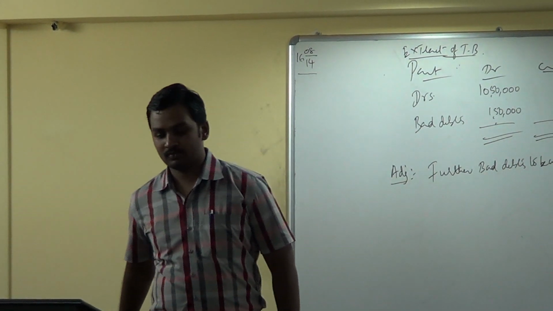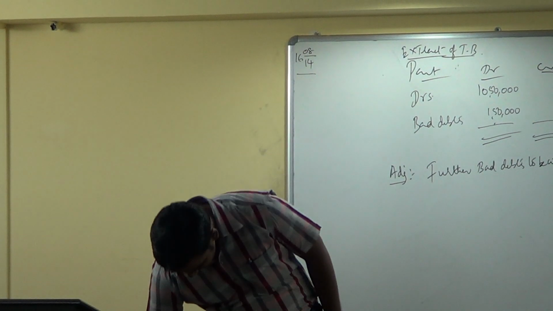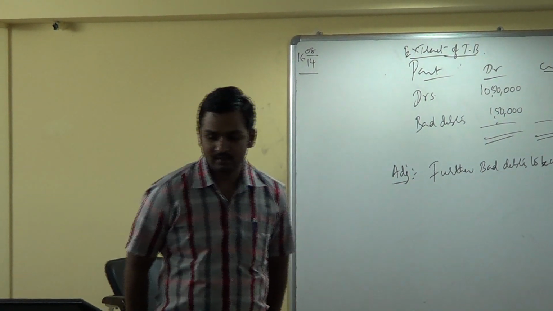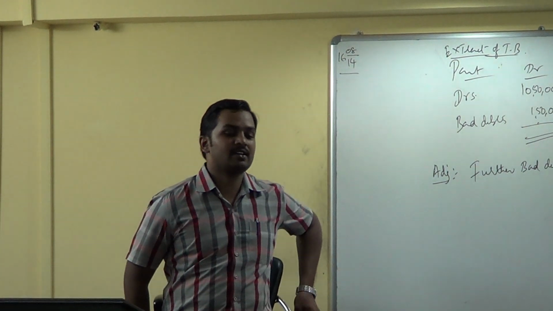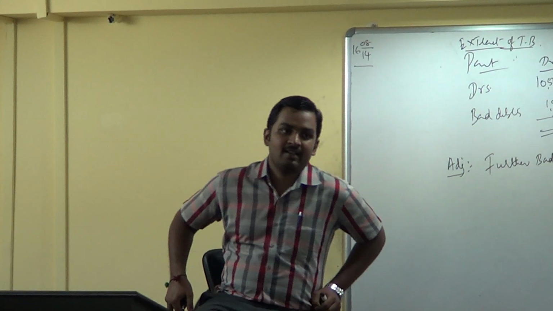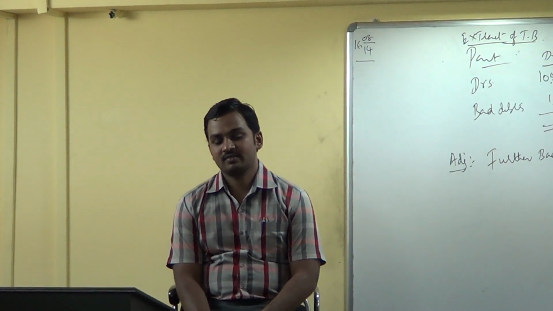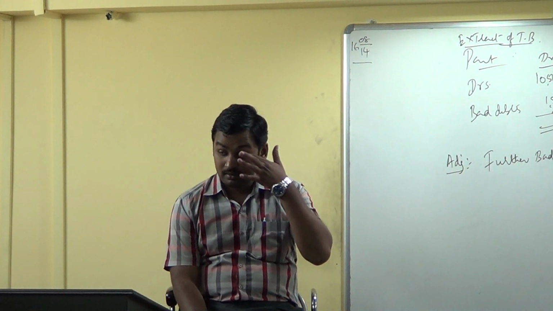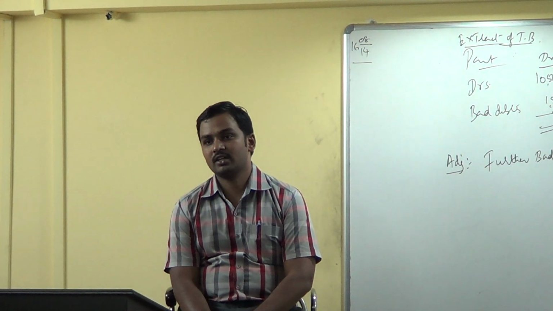Write down: debtors, debit balance 7,70,000. Bad debts, trial balance 30,000. Debit balance 30,000.